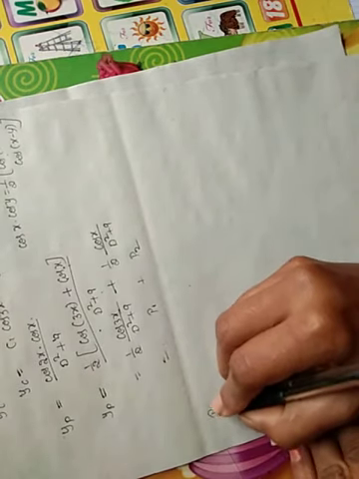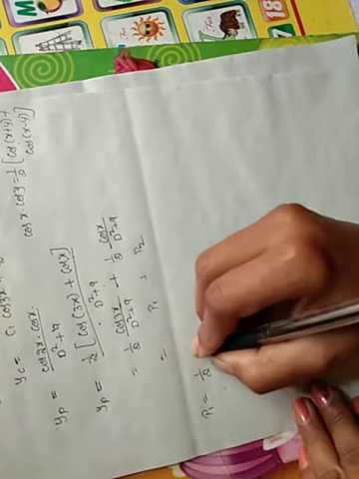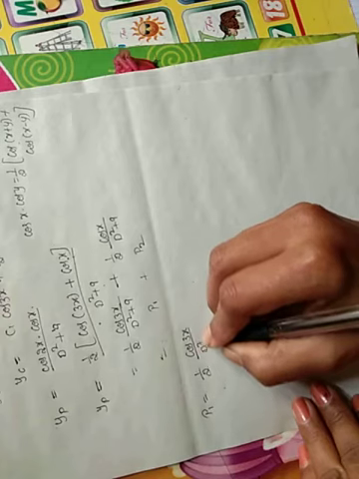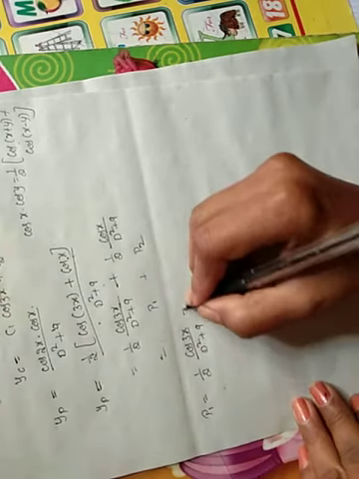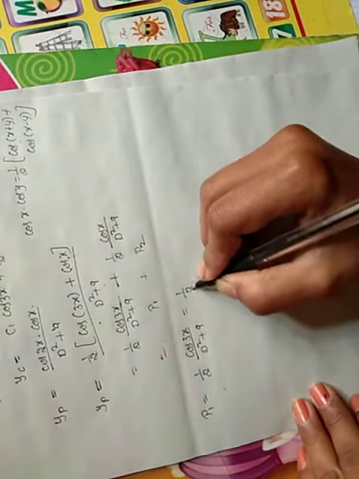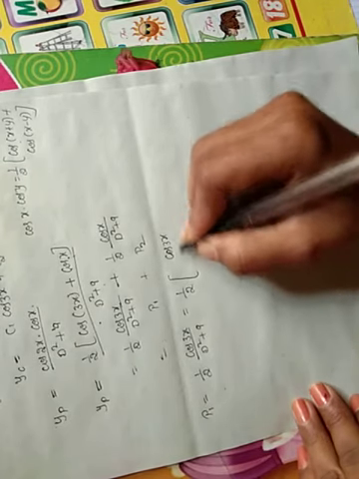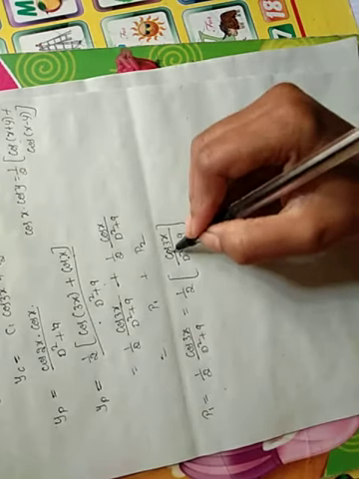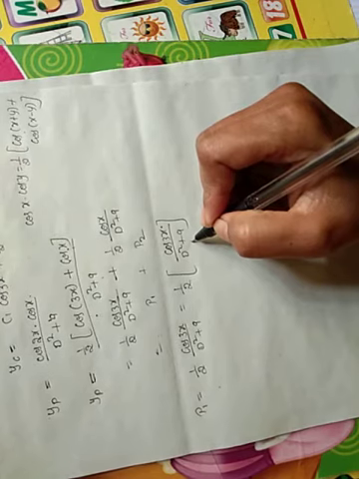So our P1 is equal to 1 by 2 cos 3x divided by d square plus 9. I am going to keep this 1 by 2 as it is. Cos 3x divided by d square plus 9: for cos ax by f of D, replace d square by minus a square.